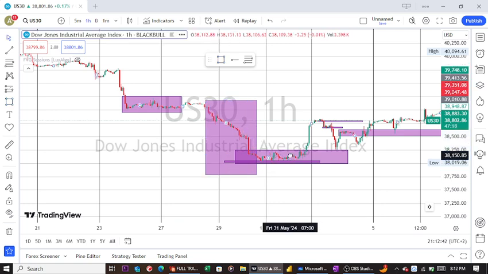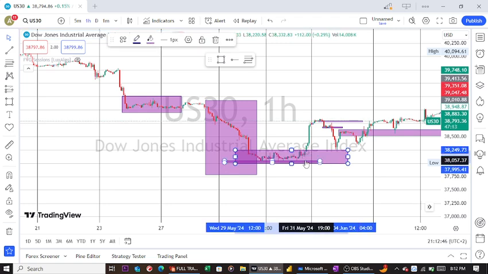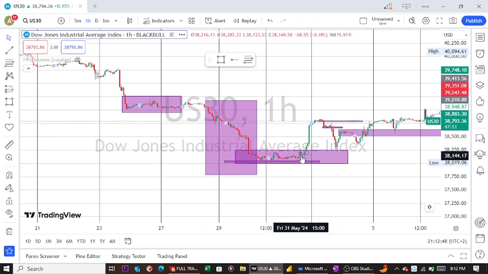Same thing happened here. A manipulation. This bullish candle, this bearish candle was a manipulation. I'm sure a lot of people entered trades at the appearance of this candle.